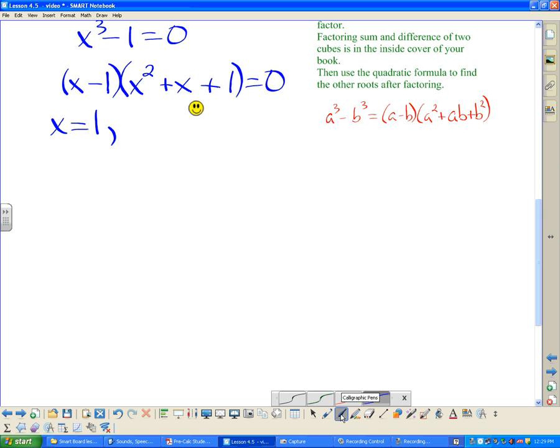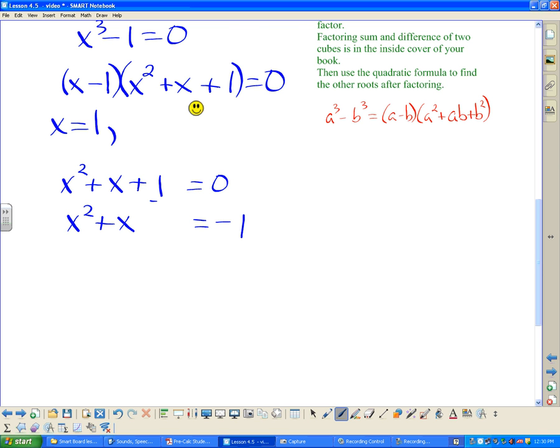So we set it up, so we have x squared plus x plus 1 equals 0. And a reminder, when we complete the square, we always want to get the constant to the other side. So we're going to subtract 1 from both sides, so we get -1 on the right. And then when we're completing the square, that means we're going to take half of the value of b, so half of the coefficient of x, which is 1, and we're going to cut it in half and square it.